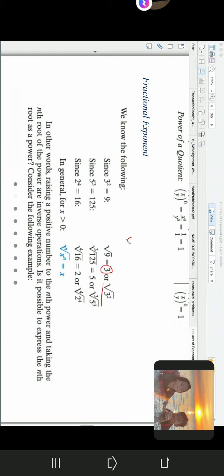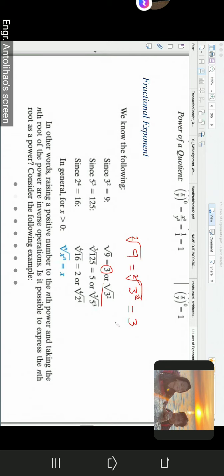So square root of 9 is equal to square root of 3 squared, right? 3 times 3 is 9 anyway. And then, when we say square root, understood that the index is 2. Here, this is 2. So we can cancel this one, so your answer is 3.